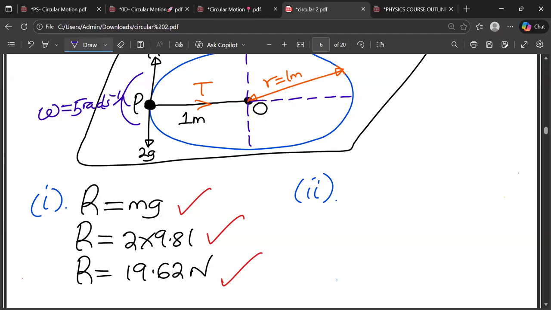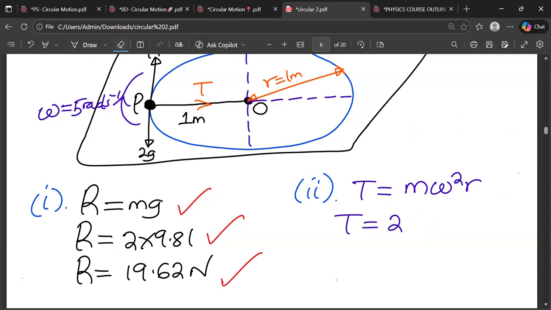So I'll use the other formula that has r omega squared. I just come and state the formula. My T is m omega squared r. Then I come and substitute. My m is 2. My omega from the question is 5 squared. Why don't I use times?